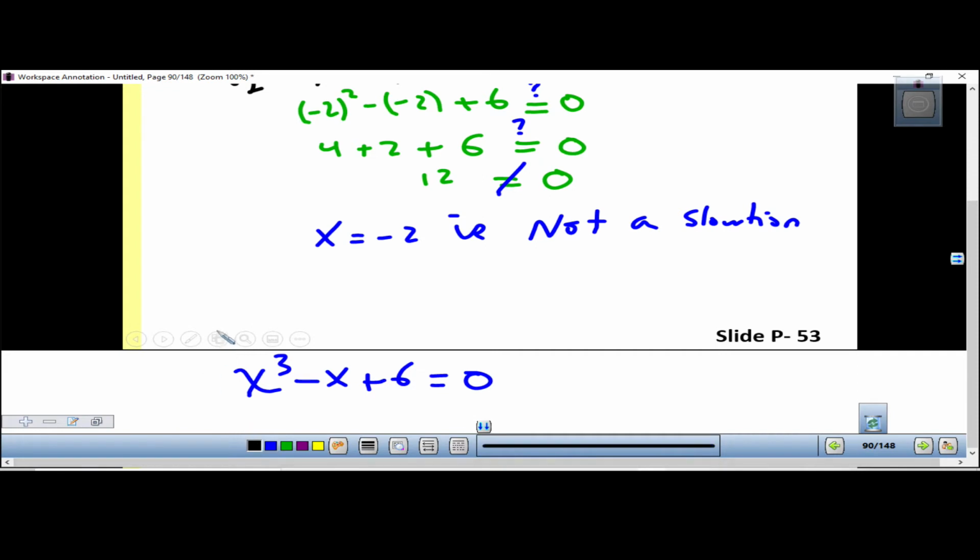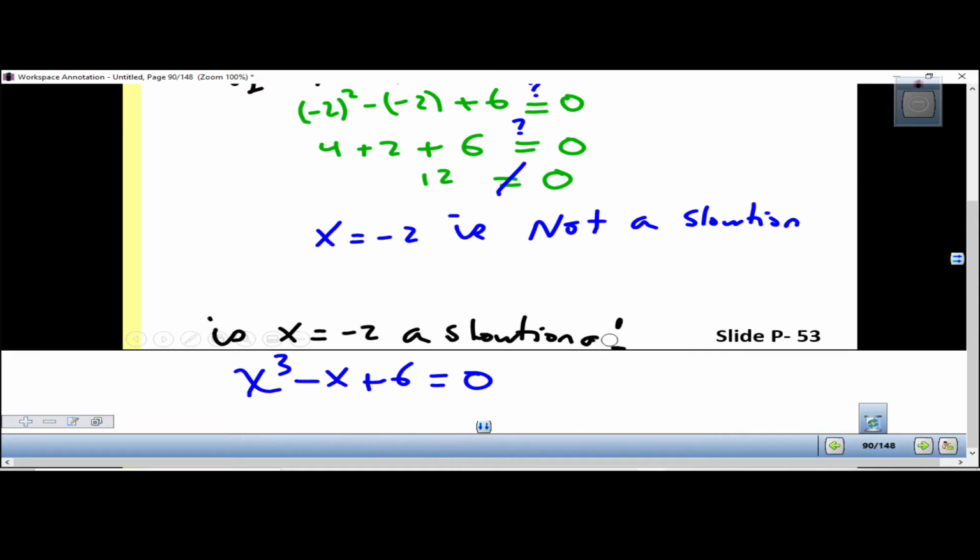Is x equals -2 a solution of this equation here? Try it and show me on your whiteboards.